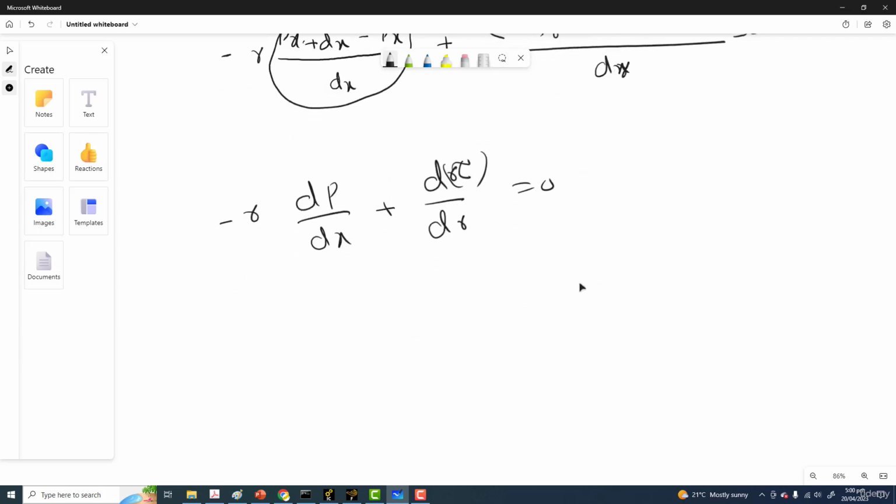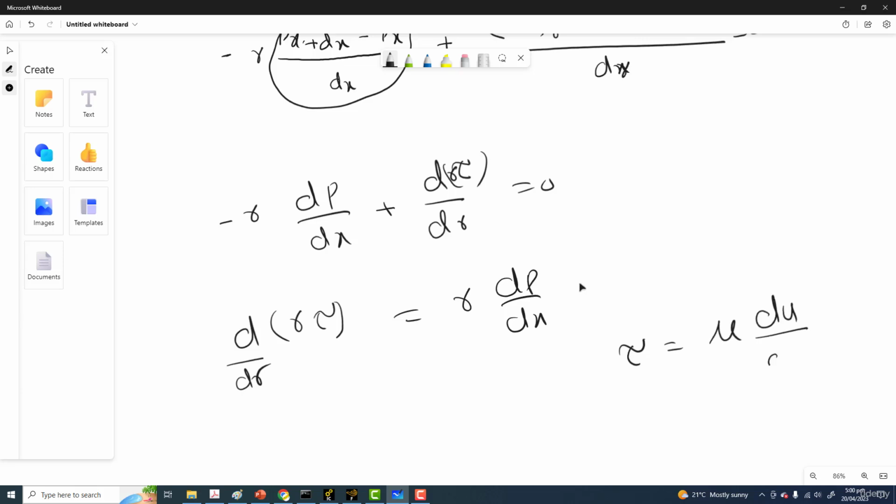Okay, so now we have this equation, so I can write down this thing as d(r tau)/dr is equal to positive r dp/dx. Now we know that shear stress is equal to the dynamic viscosity mu into du/dr.